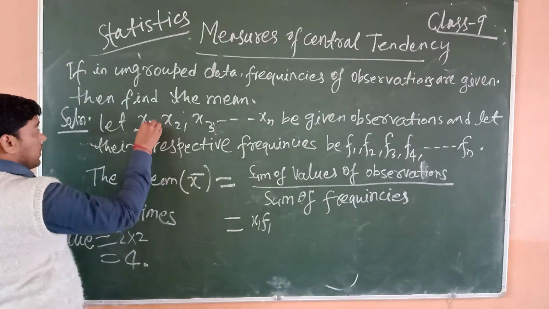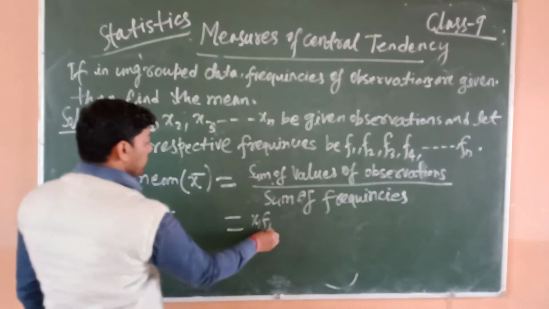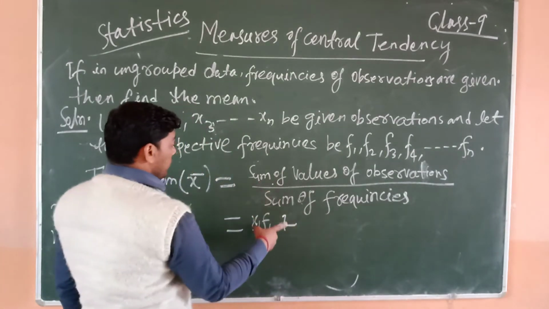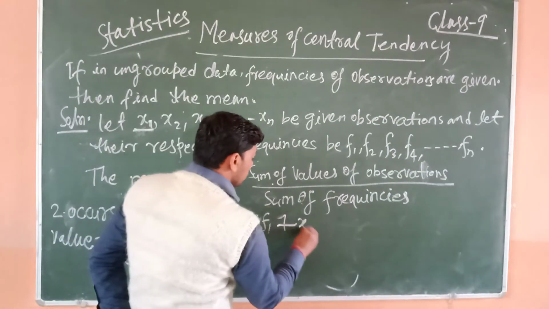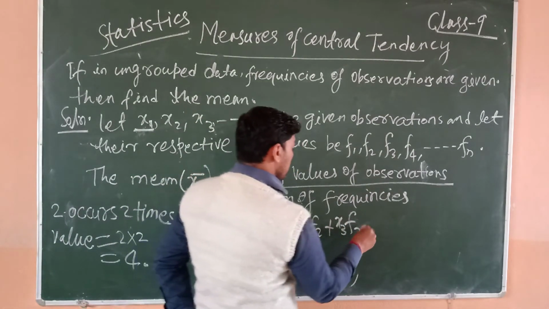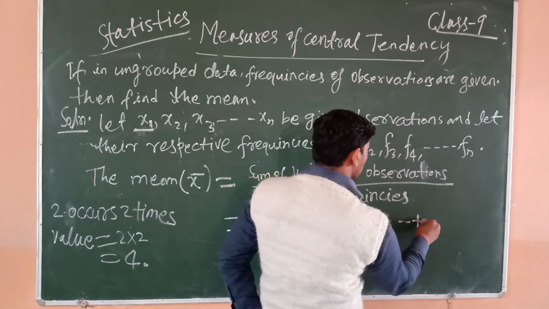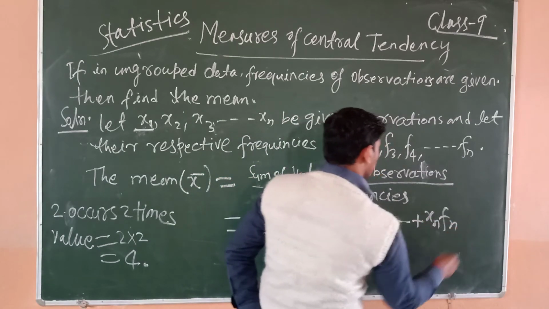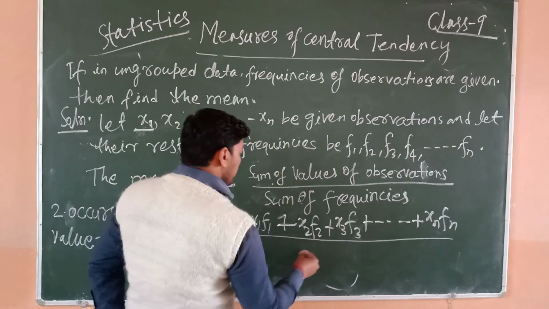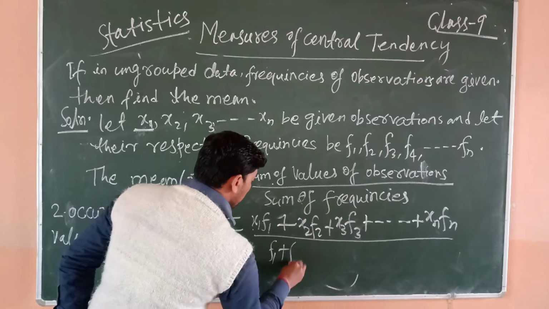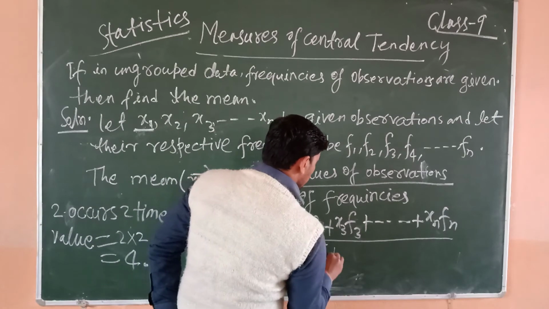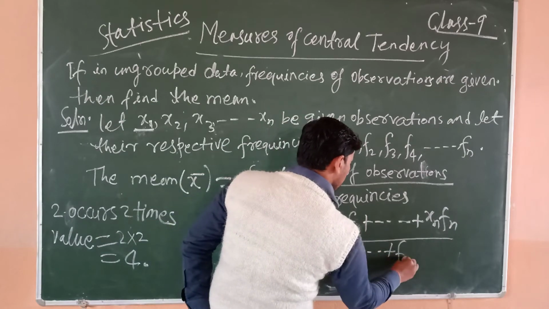Similarly, if x1 occurs f1 times, then value x1 f1. Sum, so plus x2 f2 plus x3 f3 plus dot to xn fn upon sum of frequencies f1 plus f2 plus f3 plus dot to fn.